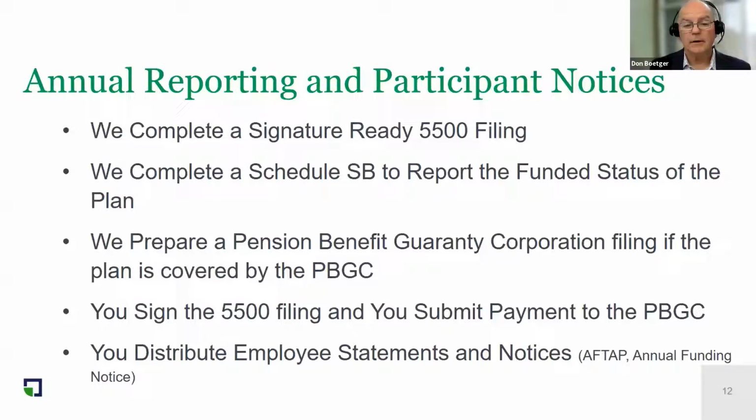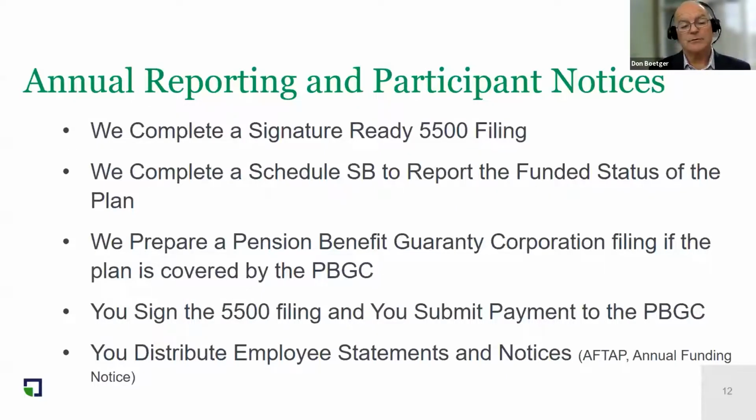We'll prepare the Pension Benefit Guaranty Corporation filing if your plan's covered by the PBGC. I'm going to talk about that in a minute, but basically you have to pay a premium. This is a government entity. You pay a premium when you have a pension plan, and the purpose of that premium is to guarantee the benefits if you should go out of business without having a fully funded plan.